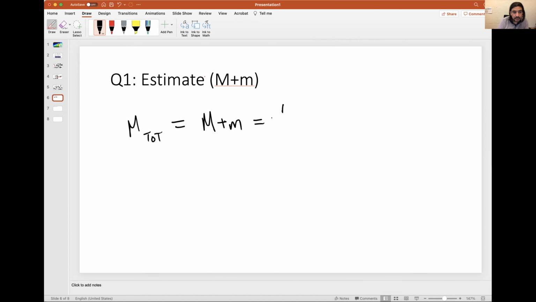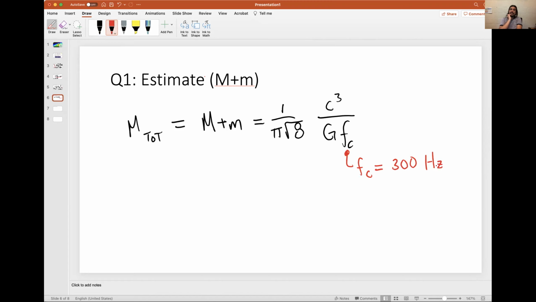And using the pi value to have the actual frequency, you have this equation, f_c, where f_c is 300 hertz. Okay, so that's the question for you guys to solve.